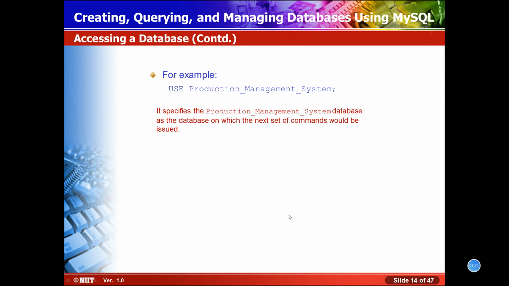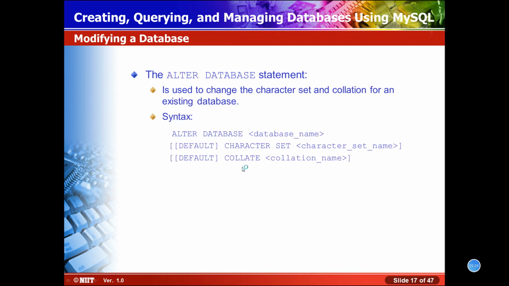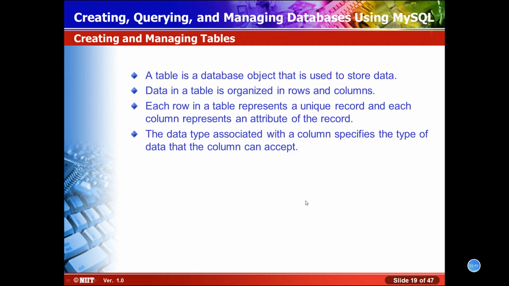Show command also, please remember, it will give you some information about the database. Show databases, you have to remember this. Then drop database will drop the database from the server. So you have to remember these commands: drop database name. We have done all these things in the previous class.